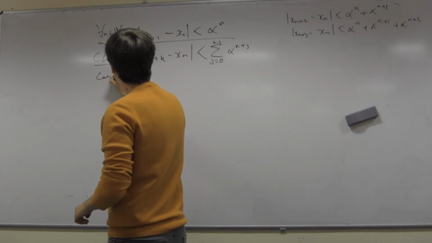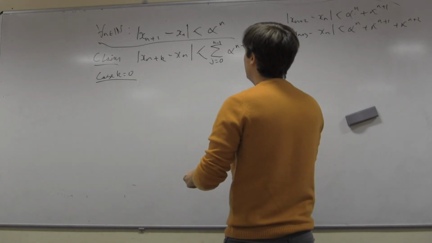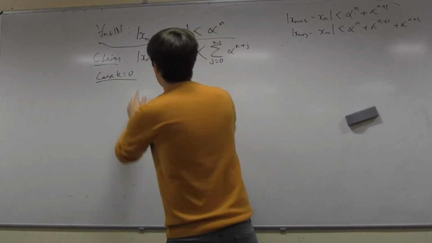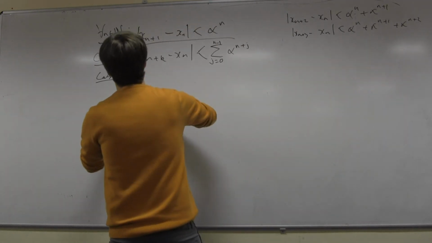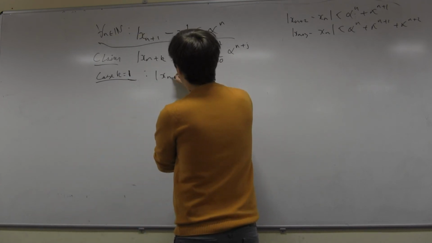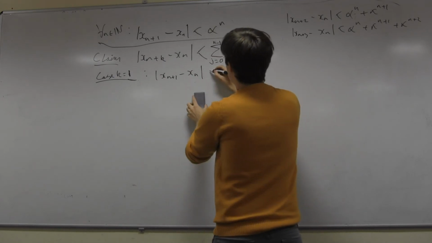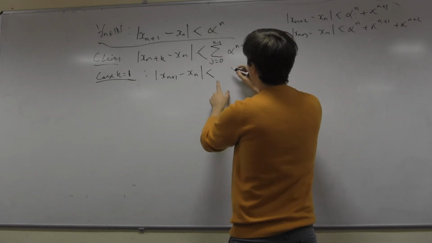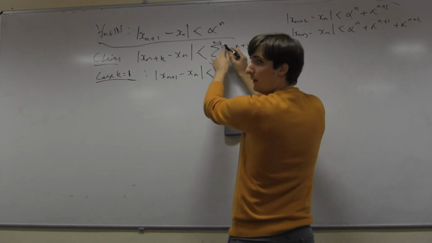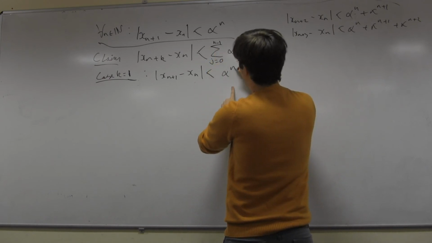So the case of k equals 0. Well, let's start with k is 1. Case k is 1: this says that x_{n+1} minus x_n, which is what we want to prove, is less than the sum from 0 up to 1 minus 1, which is 0, so a sum from 0 up to 0, so it's alpha to the n.